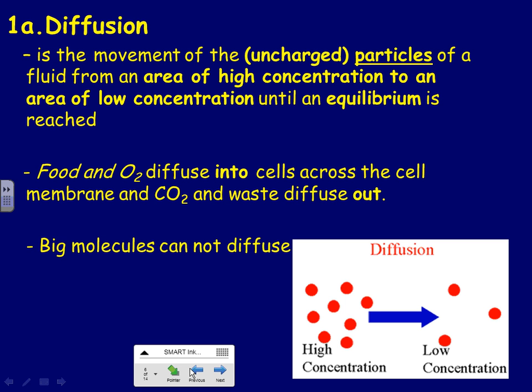Uncharged simply means they're not ions, from an area of high concentration to an area of low concentration until an equilibrium is reached. Equilibrium is only when the concentrations are nice and uniform. Then diffusion stops.